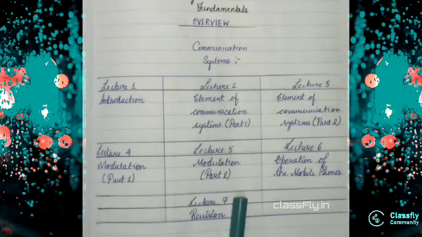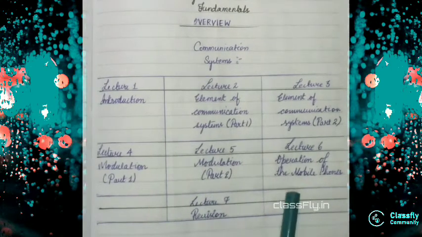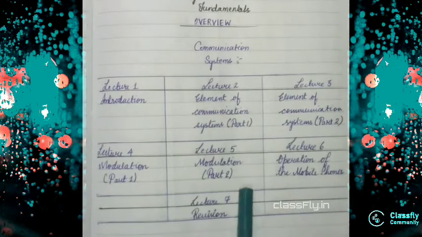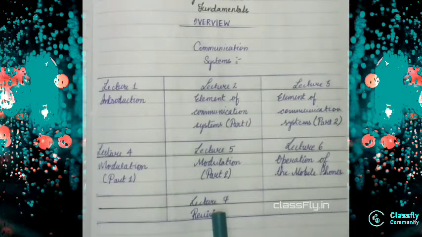Lecture 4 and lecture 5 are the modulation part 1 and part 2, and lecture 6 is about the operation or the working of the mobile phone, and lecture 7 will be the revision of all this in a grouped way and in a brief way.